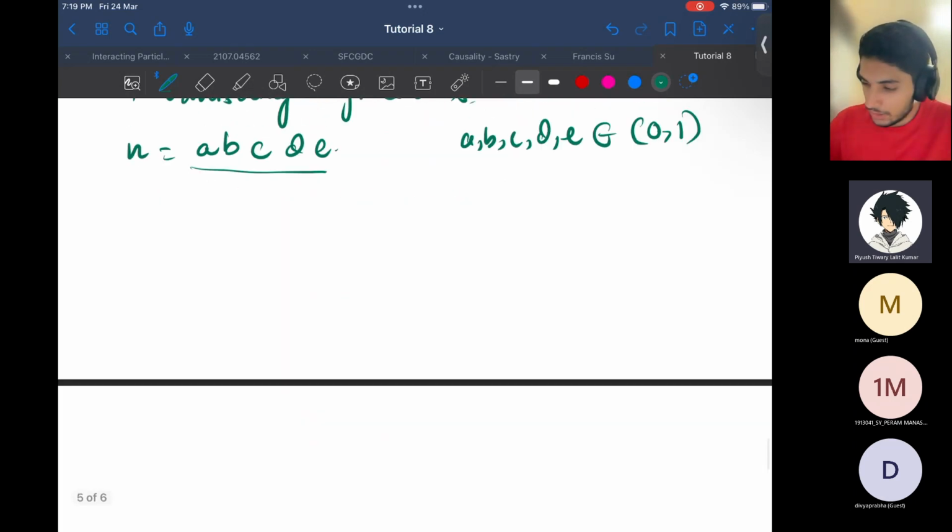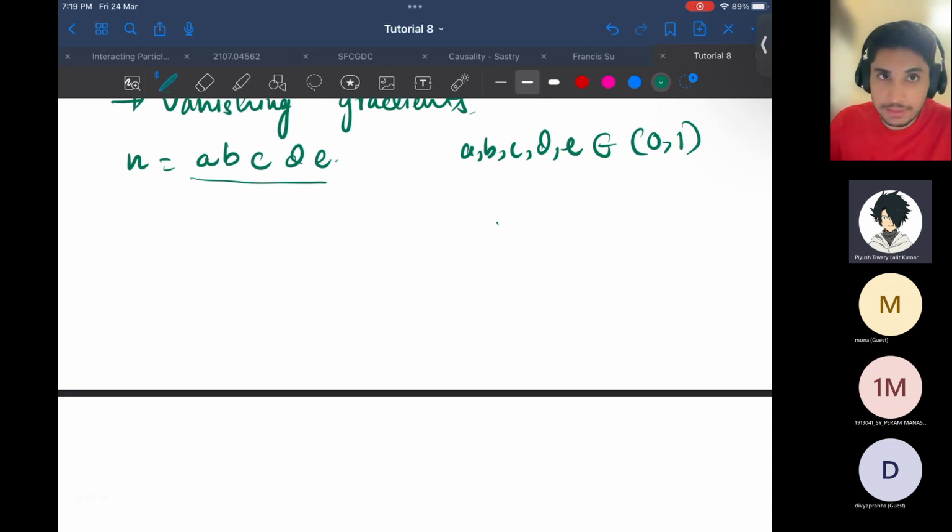Let's say there is a number x. If you multiply it by a number a, it will be smaller than x if a is less than 1 and greater than or equal to 0.